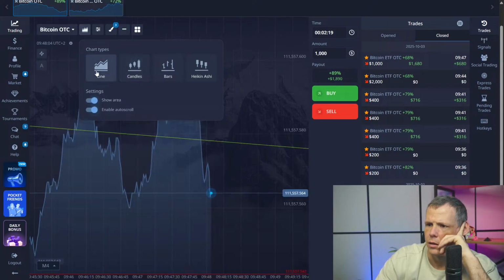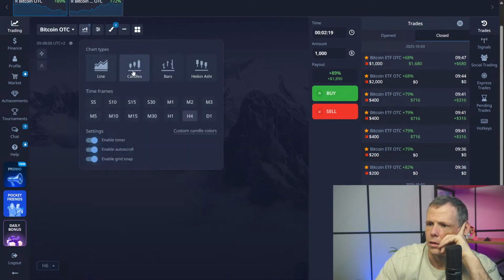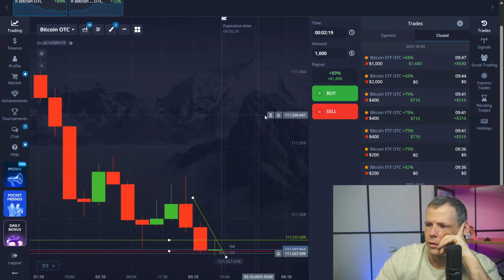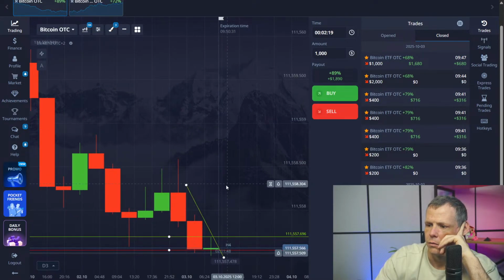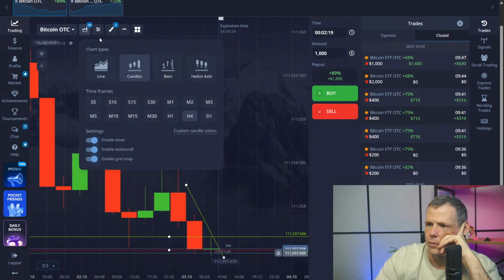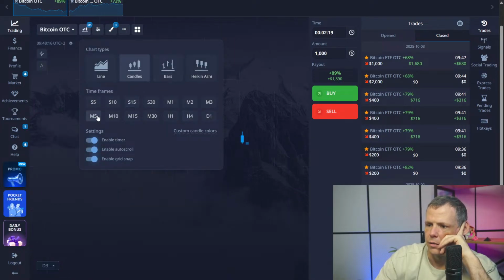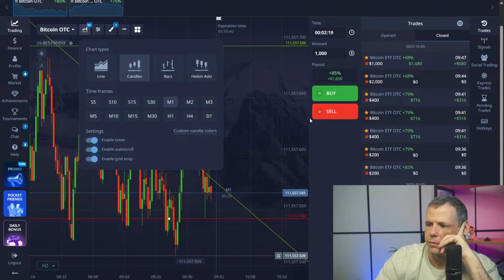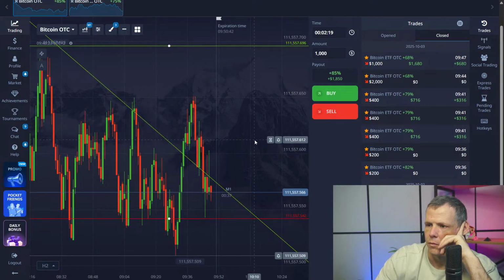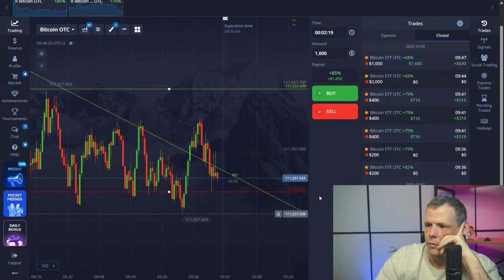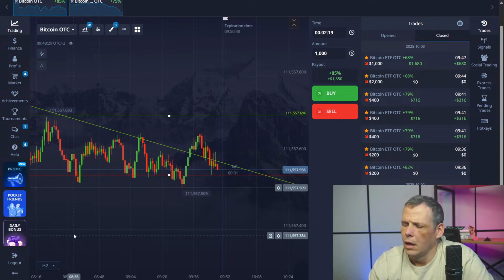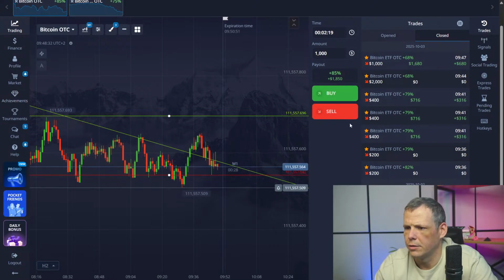Let's take a look at the line. Candles. There we go. 4 hours. Go back to the 5 minutes. And that's pretty good. Now we're gonna go to the 1 minute time frame. Yeah. So there's the trend from that.